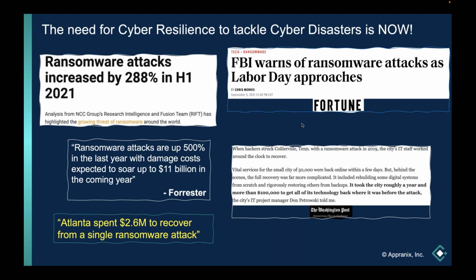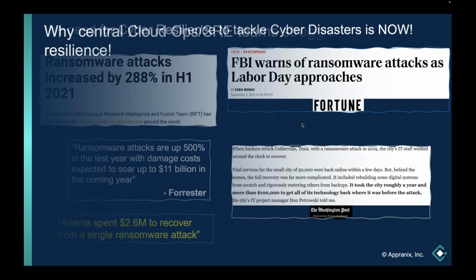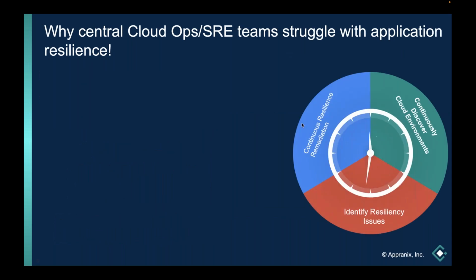You type in ransomware attacks today, you will find 15 different articles covered in the national newspapers, right? So malicious attacks are happening day by day. So either inadvertent or malicious, both affect the resiliency of your system.